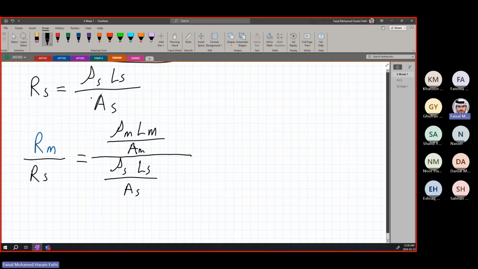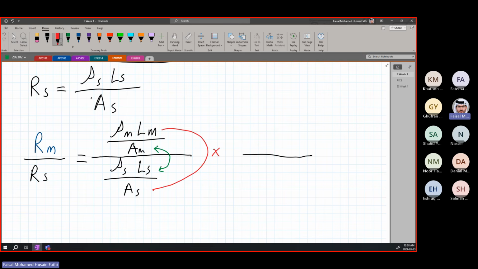So when you have division like this, the rule in math, I don't know how you learned it before, but how I was taught is the numerators, you're going to multiply, and the denominators, you're going to multiply with each other, and the solution is going to be the numerators up top, which is rho M Lm times As, and the denominators are going to be at the bottom. So Am rho S Ls.